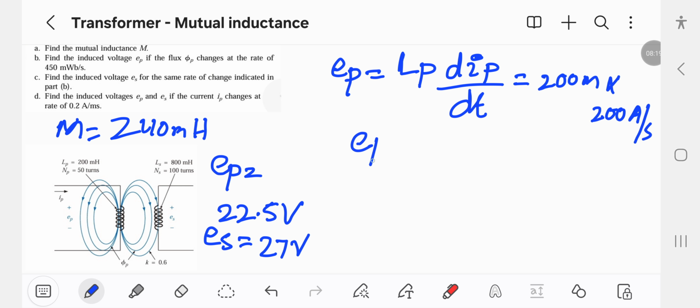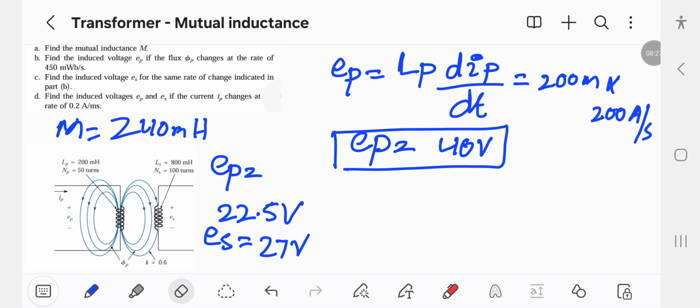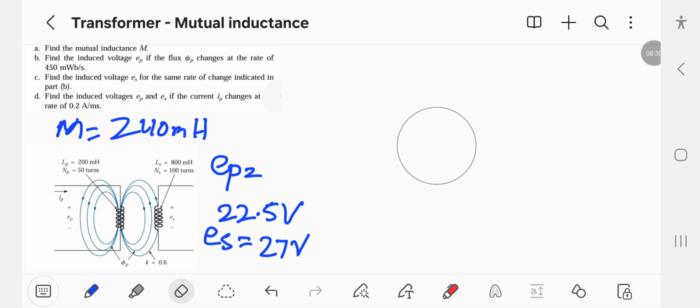If we solve this according to the specific condition, it is equal to 40 volt. So according to this, the induced voltage in the primary coil is equal to 40 volt.